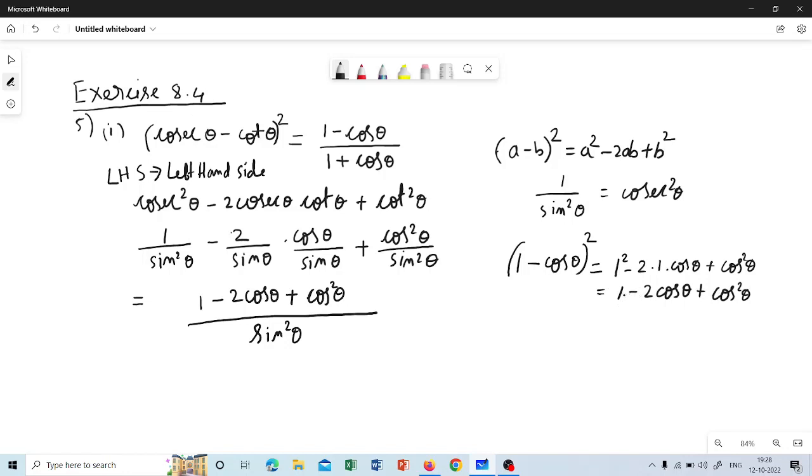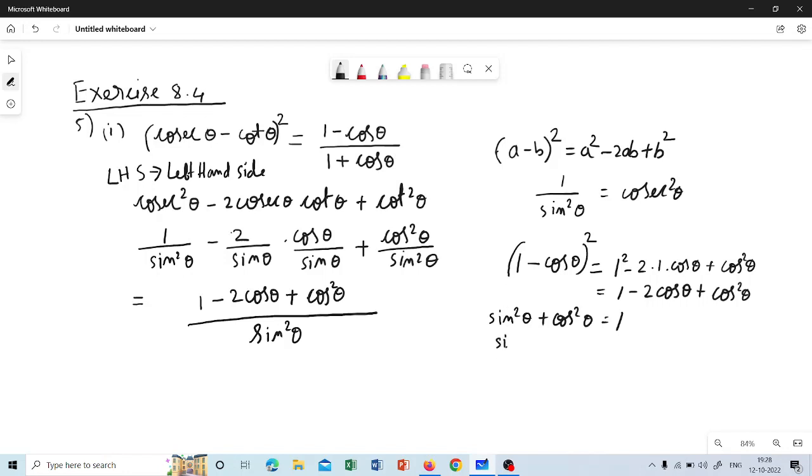So it is very evident that this is matching the numerator. Similarly, from the identity sine square theta plus cos square theta is equal to 1, I can write sine square in terms of cos. Why? Because on the right hand side we have only cos terms, so we want to reduce everything in terms of cos.